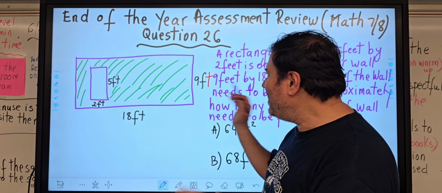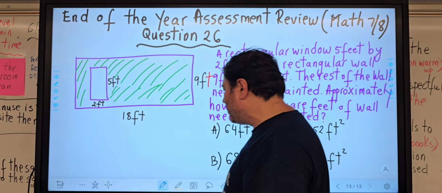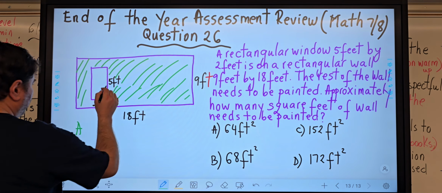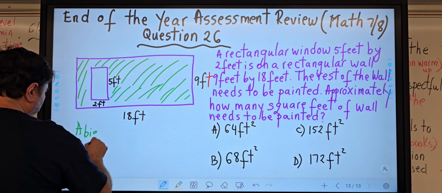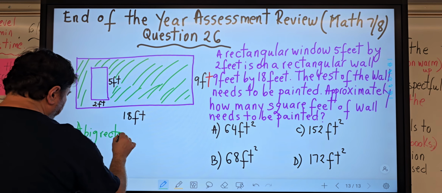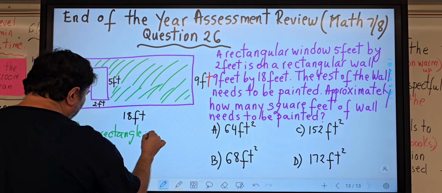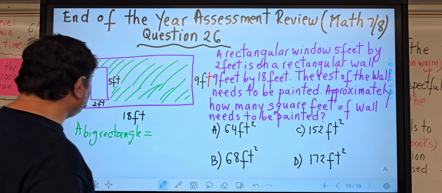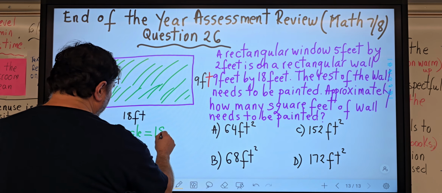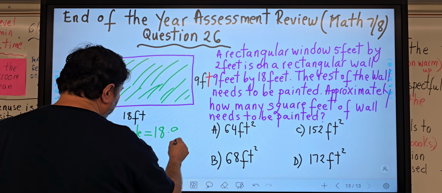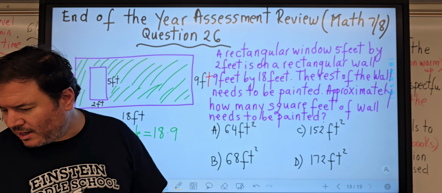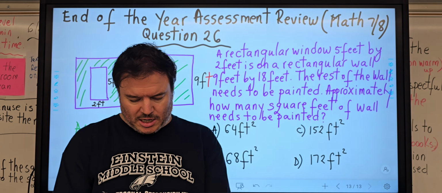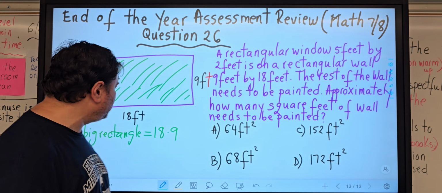So first of all, let's find the area of the big rectangle. The area of the big rectangle equals, remember the area is length times width, and the length is 18. 18 times the width is 9. 18 times 9, and let's use a calculator quickly here. 18 times 9, we get 162.